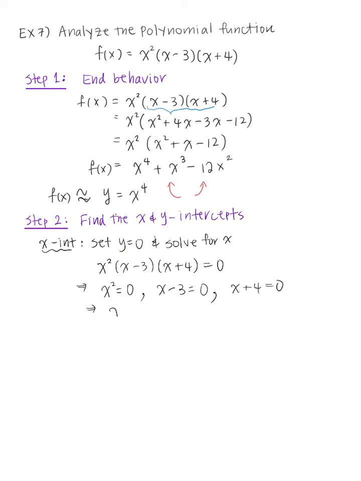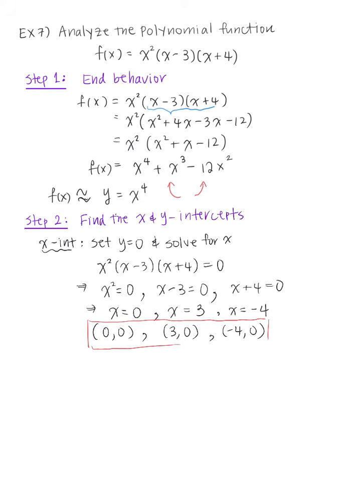So this one's easy: x must equal 0, x equals 3, and x equals negative 4. So these are our zeros, or the x-intercepts. So for sure, we're going to be plotting (0, 0), (3, 0), and (-4, 0). All right, so let me just box that because this is very important information in graphing.